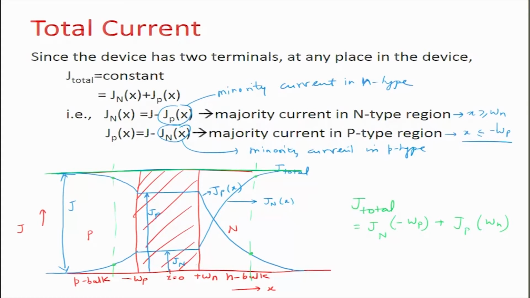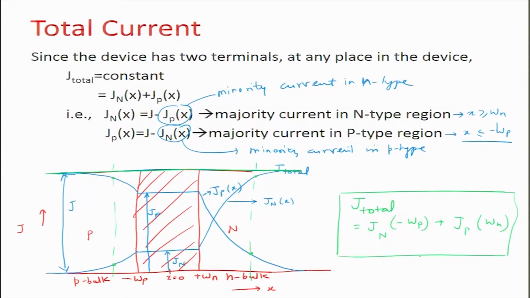Is that a fair assumption? So this is the conclusion from this slide, that J total is equal to Jn at minus Wp plus Jp at Wn. Now instead of calculating these currents at any arbitrary place, I am going to calculate these currents at these fixed places which are the boundaries of the depletion region on both bulk sides, N and P sides. So what is the method that we are going to follow?